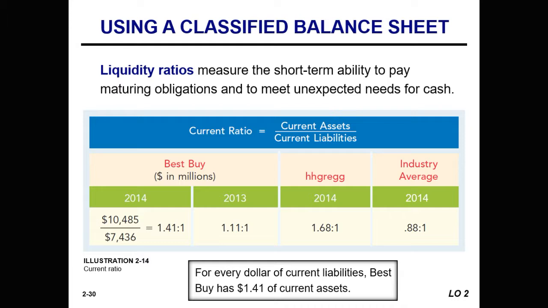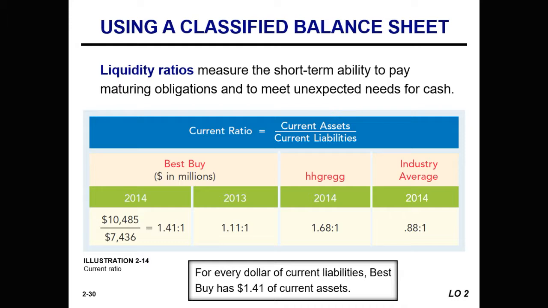This is considered a more dependable indicator of liquidity than working capital. But neither of these take into account that amongst the current assets, there are some slower converting ones. So think about slow-moving inventory versus cash. Cash is definitely going to be more liquid than slow-moving inventory.